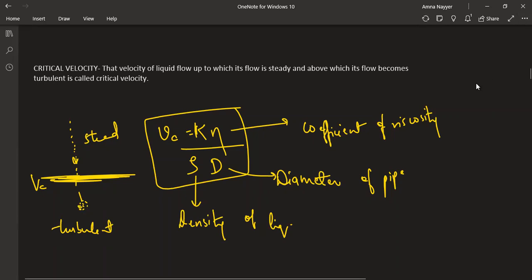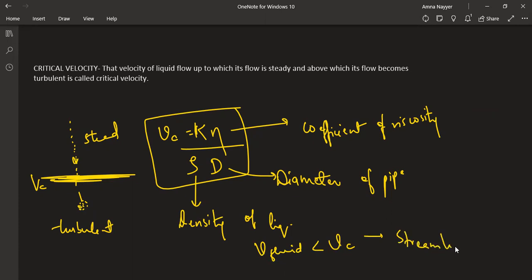This is all about critical velocity. So if the velocity of the fluid is less than critical velocity, your flow will be streamlined. If the velocity of the fluid is greater than critical velocity, it will be turbulent.